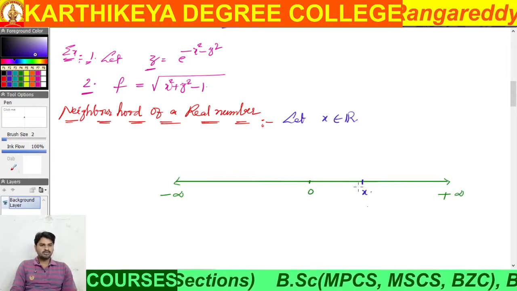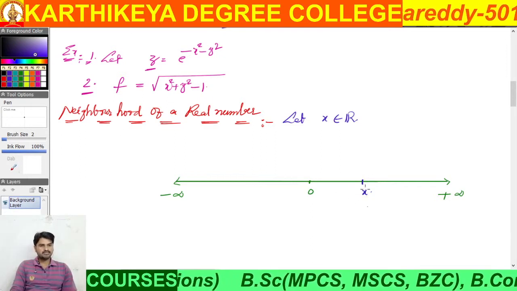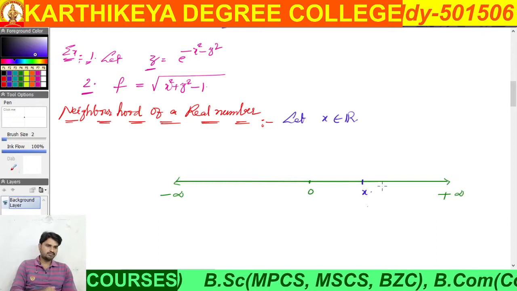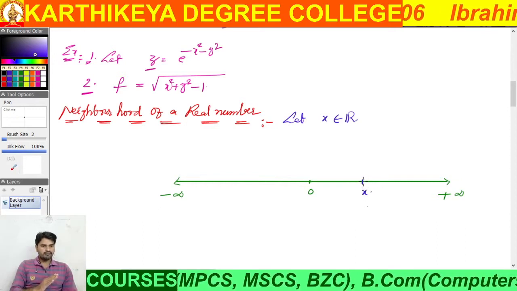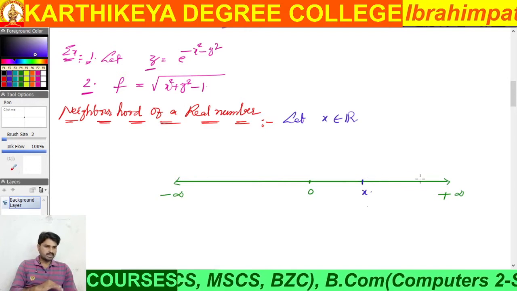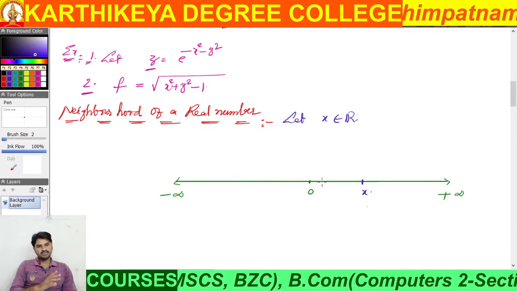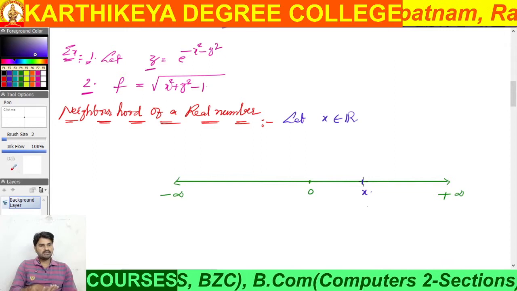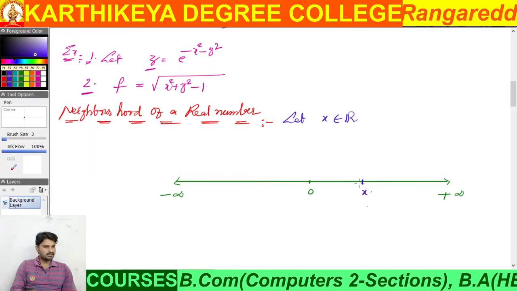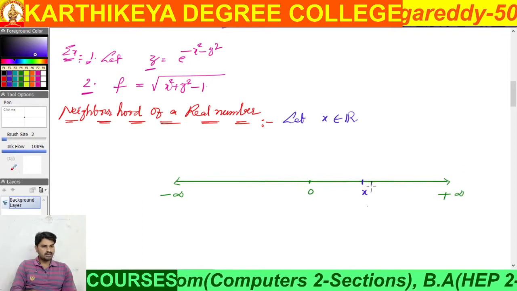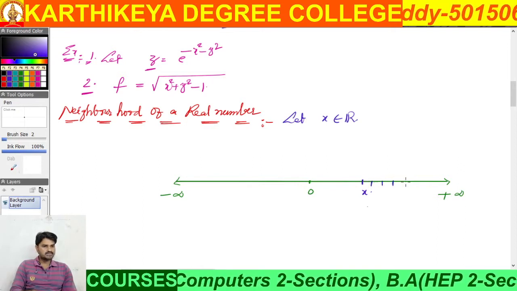For the neighborhood of the real number x, first you need to take the neighbors of this value. One neighbor lies on the left hand side and another lies on the right hand side. On the right hand side there are so many neighbors. These neighbors depend upon the distances you have taken.